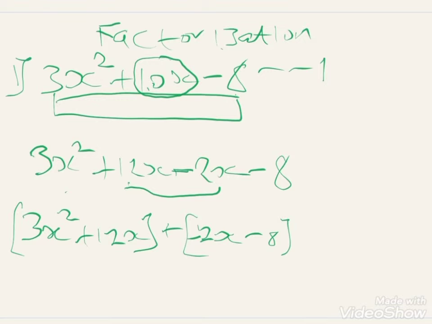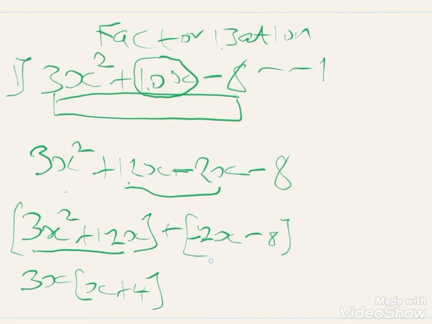Now, each of these binomial expressions has a common factor. In the first one, we have 3x as the common factor. 3 can go in the first term and also go in the second term, and x can also go in the first term. So 3x cancel 3x squared, I'm left with x. 3x cancel plus 12x, I'm left with plus 4, I close bracket.